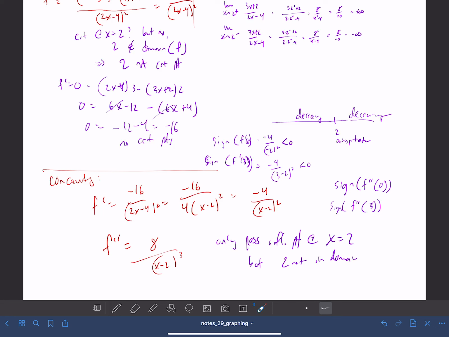Okay? So I'm going to take 0 and plug it into my expression for f double prime. 8 over minus 2 cubed is less than 0, so that means it's concave down.